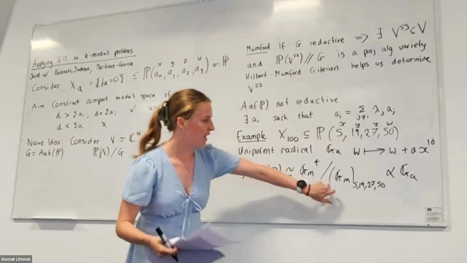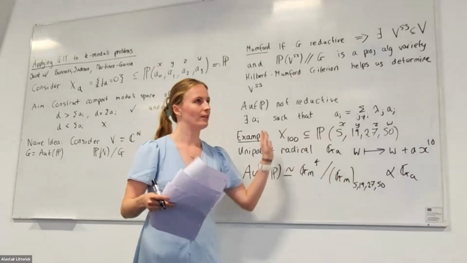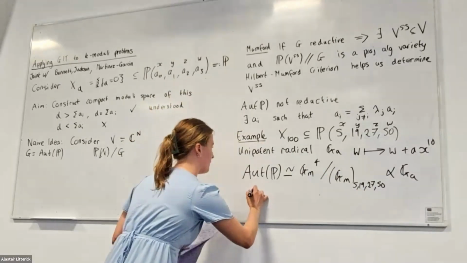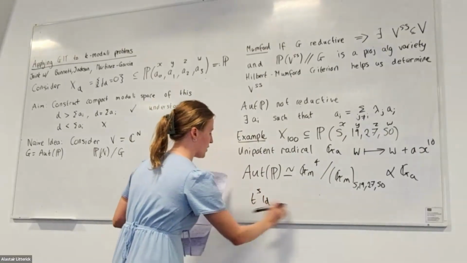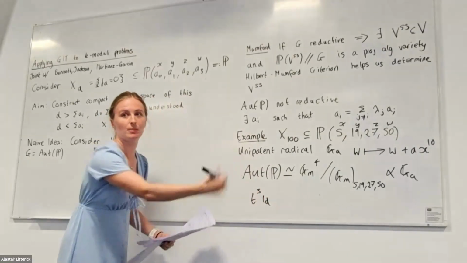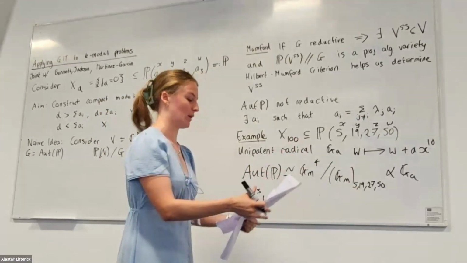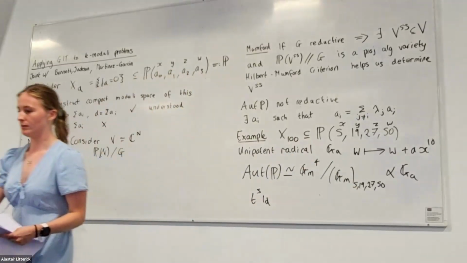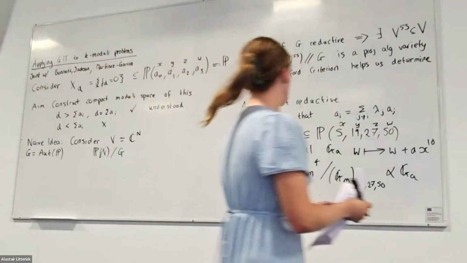Here, our G_m to the weights is just T to the, for example, 5 times the identity matrix, so it'd be like T to the 19, T to the 27, 50, and so on.